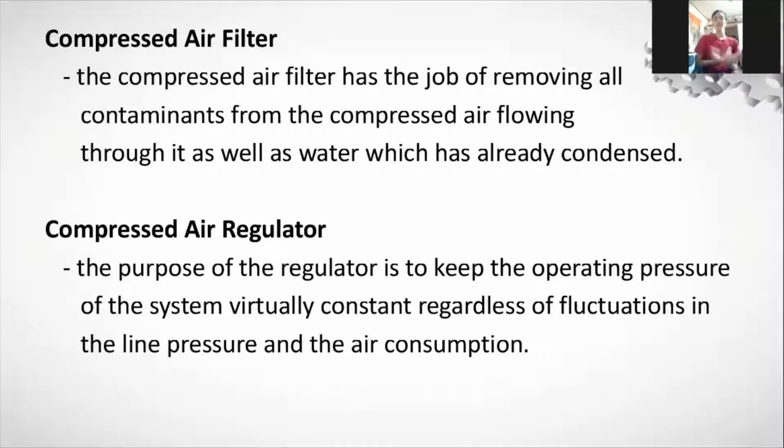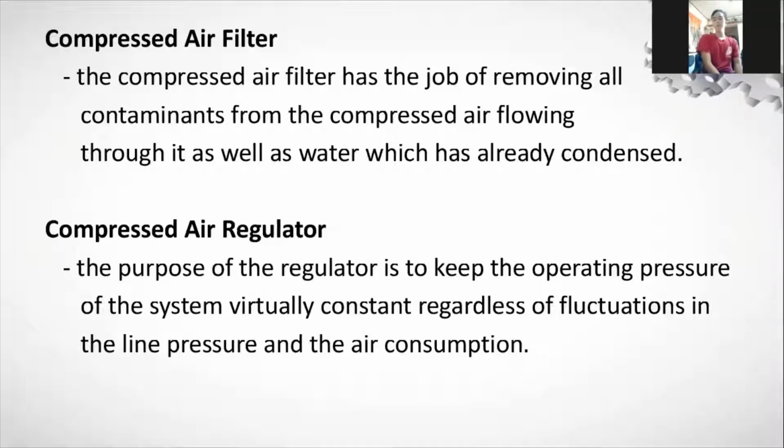So pag na-filter na siya, aakyat yung new air na malinis at pupunta siya sa compressed air regulator. So, ang purpose ng regulator is to keep operating pressure of the system virtually constant regardless of fluctuation in the line pressure and the air consumption. Ibig sabihin, it is used to minimize the pressure in the pipeline.